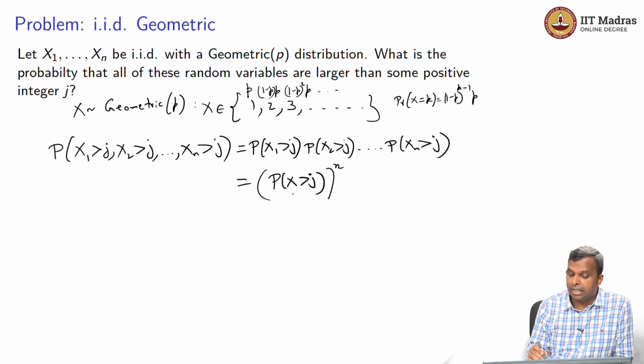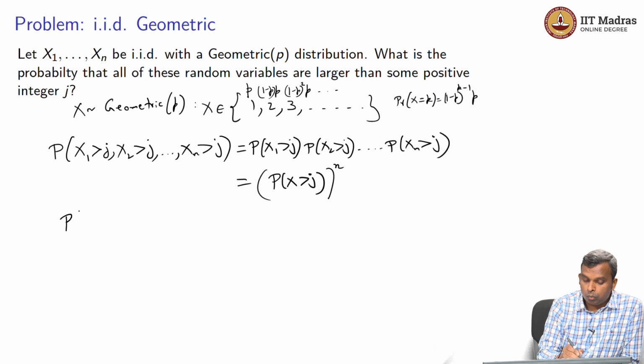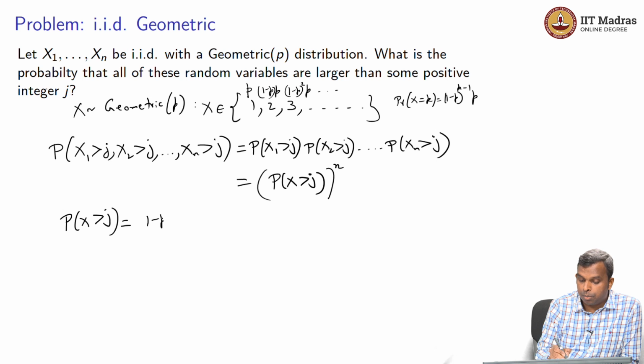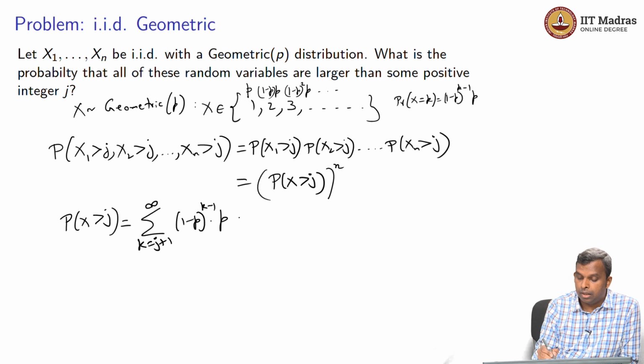So what is the probability that x is greater than j? It's the summation, k equals j plus 1 to infinity, of (1 minus p) power k minus 1 times p.